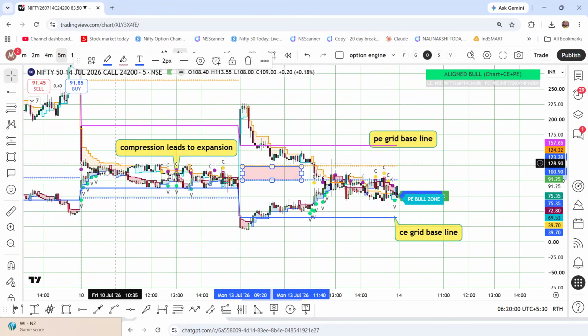The compression is the energy stored which leads to expansion.